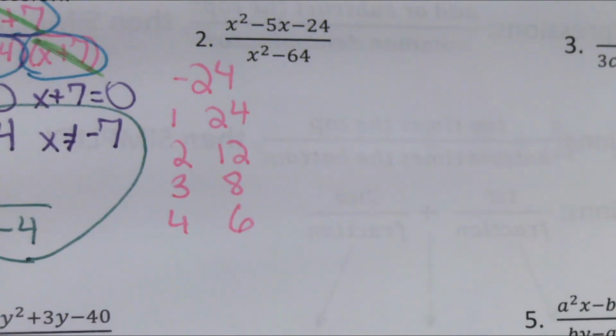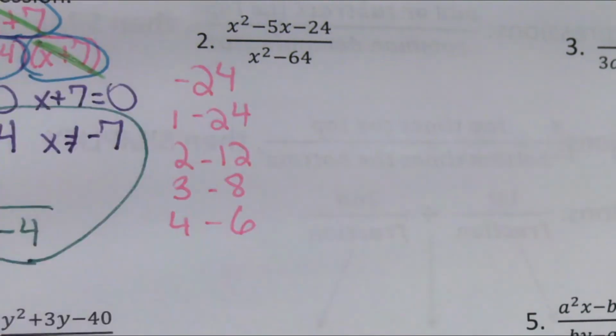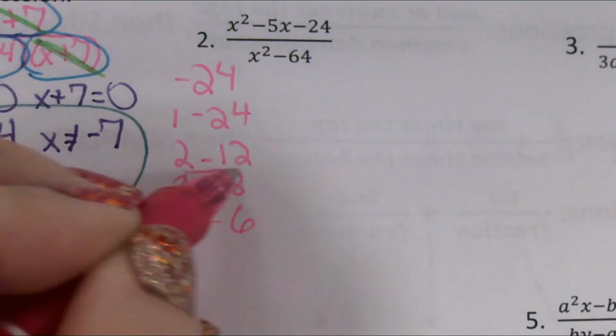It's going to multiply to be a negative number, so 1 positive, 1 negative. Add to be a negative number, so we want the larger factor to be negative. That means that we're going to use 3 and negative 8 in our box.